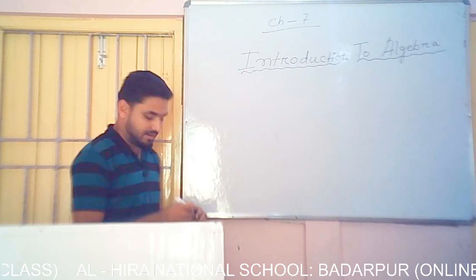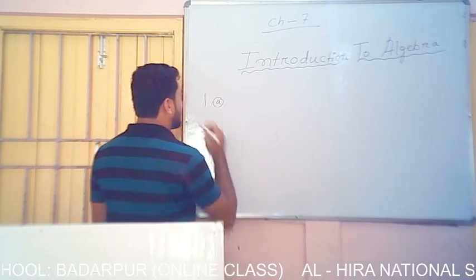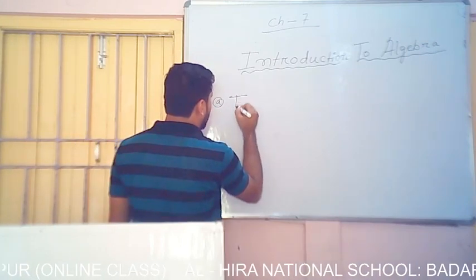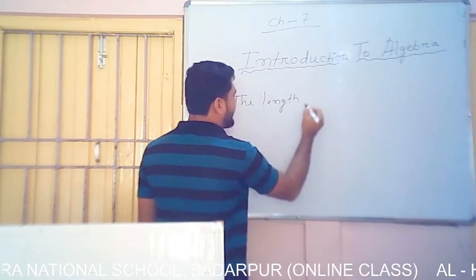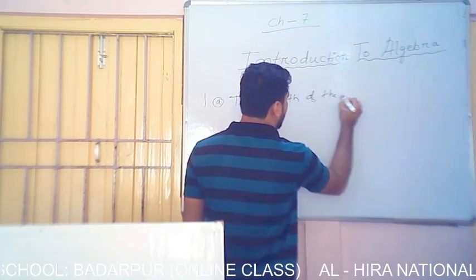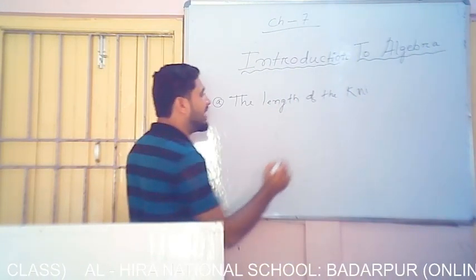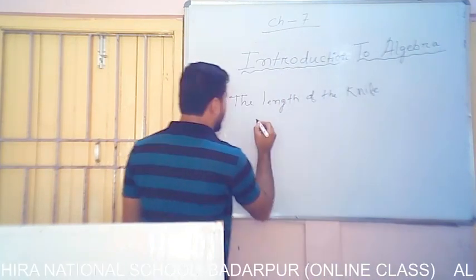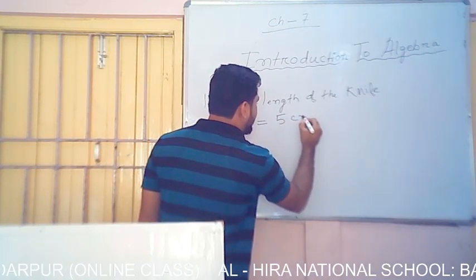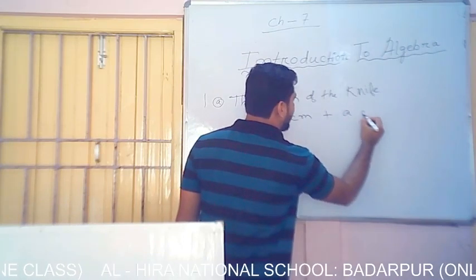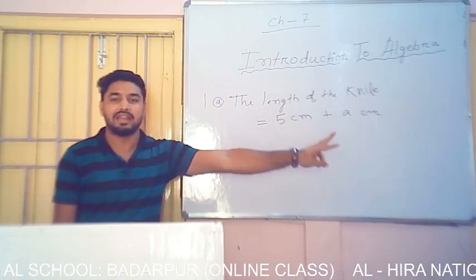So we can write number 1a, the length of the knife equals 5 centimeter plus a centimeter.